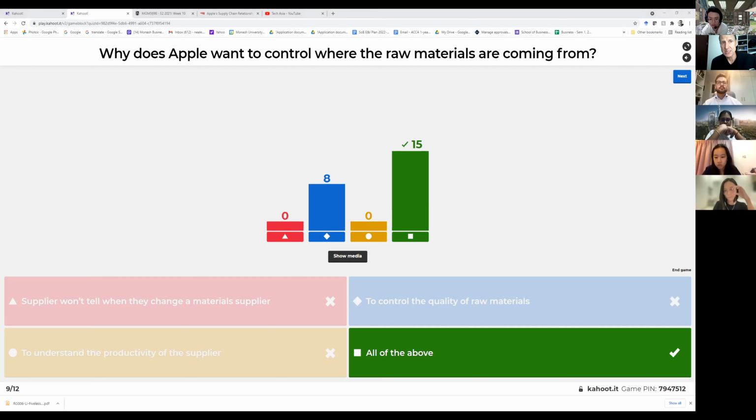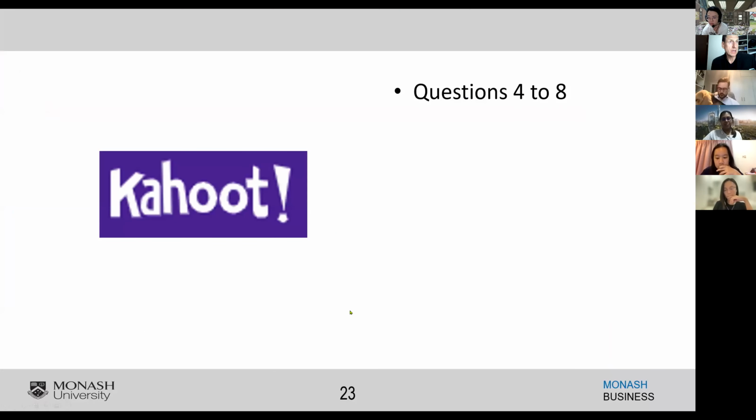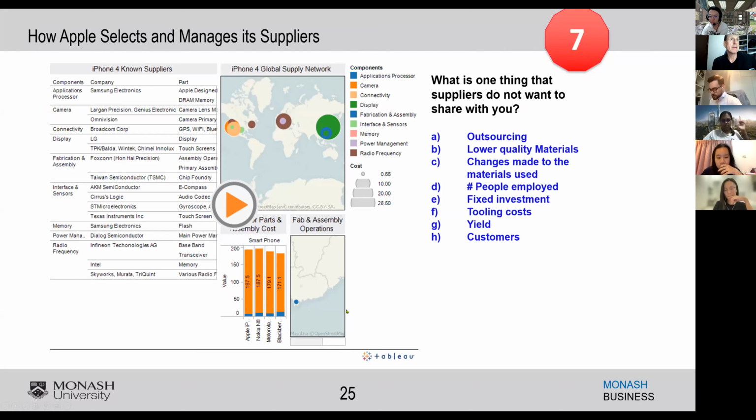Let's go to our PowerPoint slide, shall we? All right, now in the PowerPoint slide, we've got the slide. Here we go. What is one thing that suppliers do not want to share with you? I want you to type into the chat room now from A to H. What is one thing that suppliers do not want to share with you?